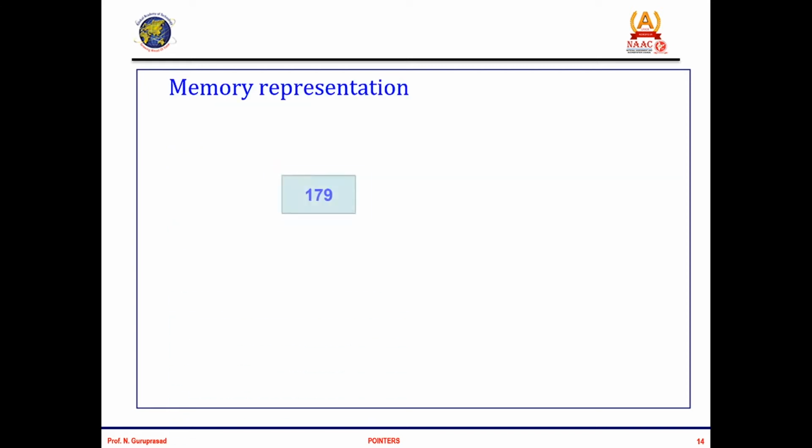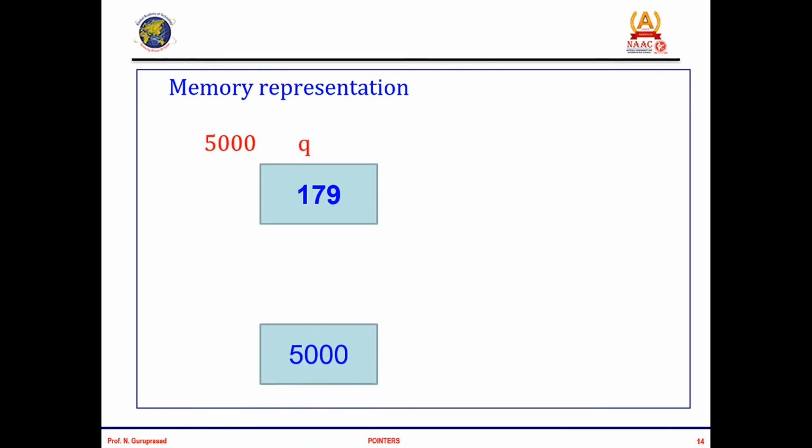Now what is the address of q in our example? It is 5000. So what happens? p gets the value 5000. You see 5000 is written inside the box. So this 5000 is nothing but the address of q. And the statement p is equal to ampersand of q will assign the address of q, which is 5000, to p.